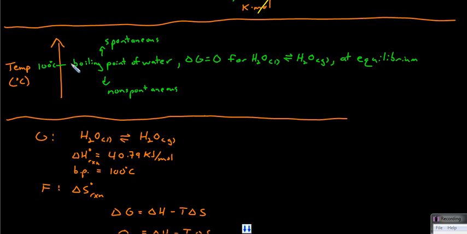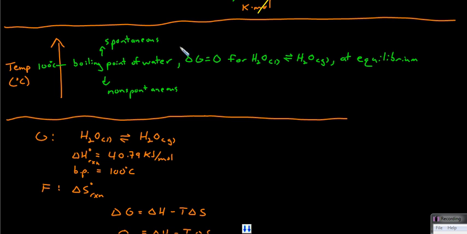And above 100 degrees Celsius, it is spontaneous. It occurs significantly. This boiling point of water is where you cross over from being non-spontaneous to spontaneous, where you cross over from positive delta G to negative delta G, where delta G is equal to 0. This is where you're at equilibrium. At that equilibrium temperature at which you're crossing over from non-spontaneous to spontaneous, delta G is equal to 0.